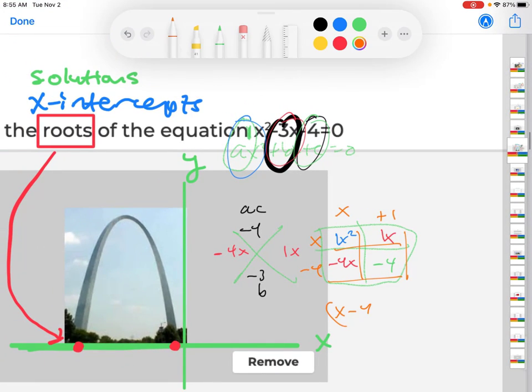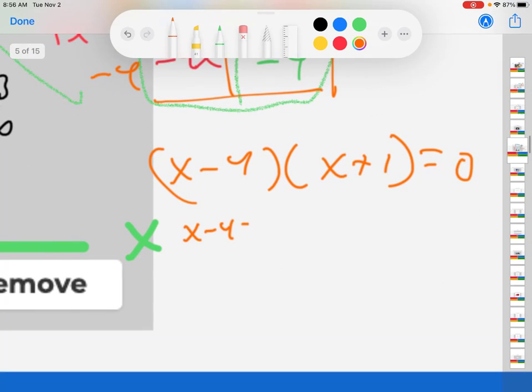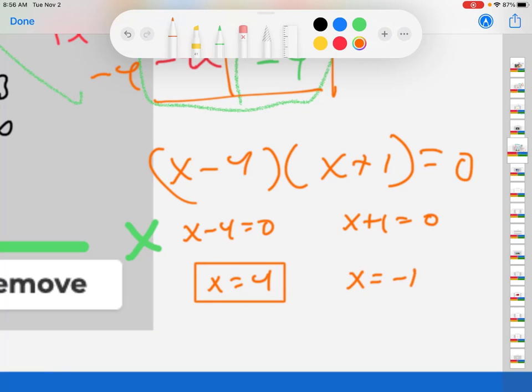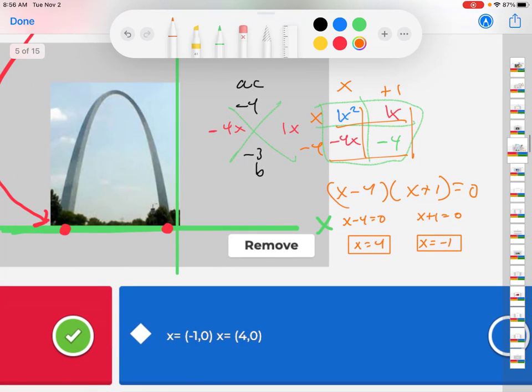So I have x minus 4, x plus 1 equals 0. And then you just set both those equal to 0. Add 4 to both sides, you have x equals 4. Subtract 1, you have x equals negative 1. And so if you had to label it, well, my graph's wrong, but it would be on the other side.